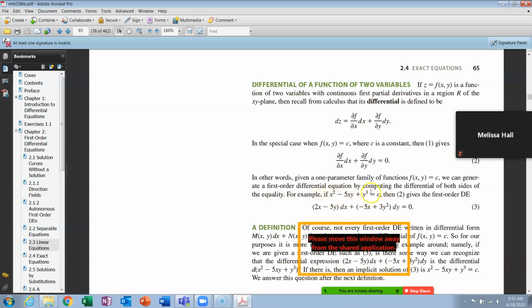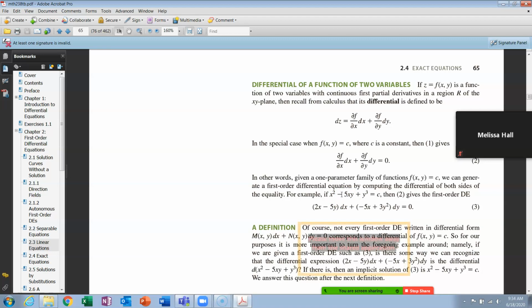Then what we do is take the partial of this function with respect to x. Now again, what do I mean by that? Treat the y's as a constant. So the derivative of this function with respect to x alone would be 2x. That's where that comes from. And over here, we treat the y as a constant. The minus 5 is already a constant.